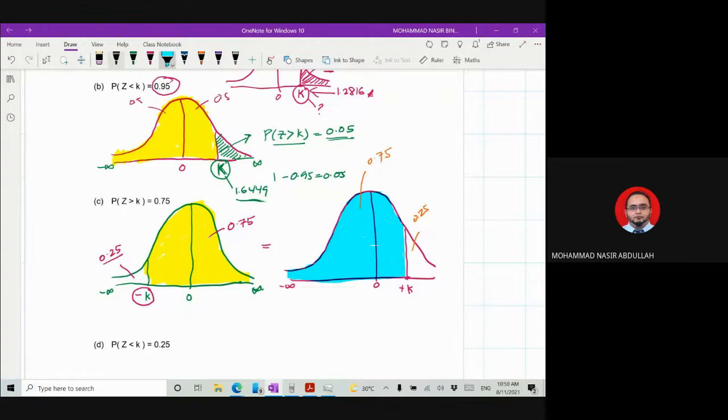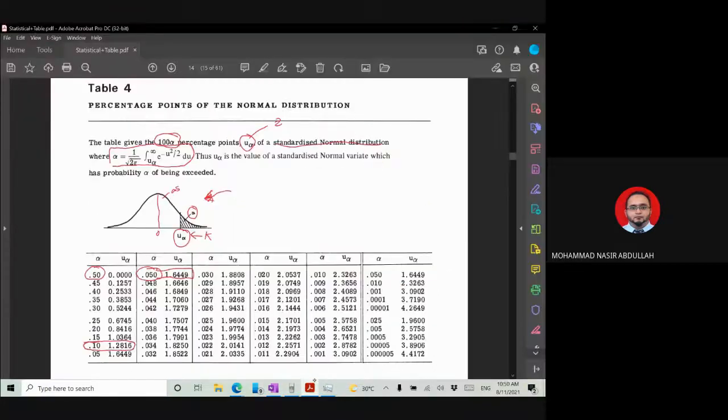So now here, what? The probability of Z more than K is equal to 0.25. Let's say we want to find this area. Why do we take the smaller one? Because our statistical table only provides until 0.5.